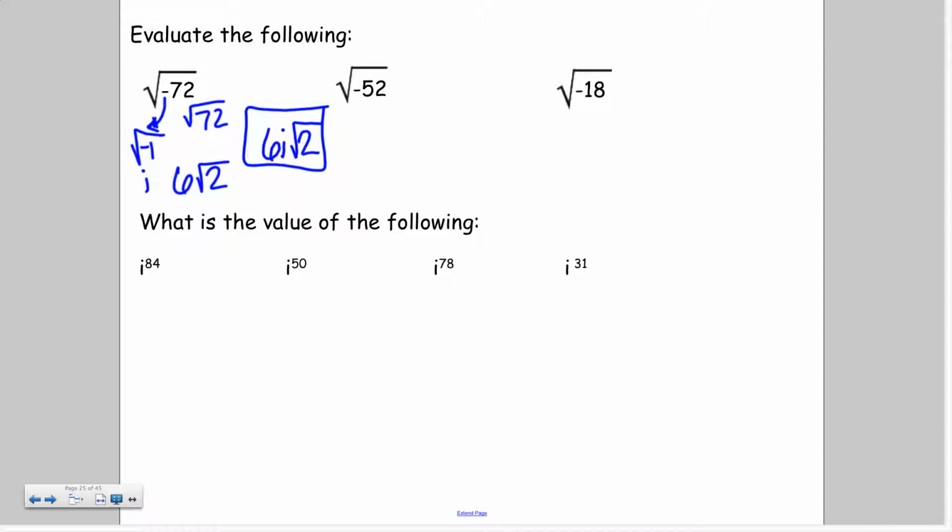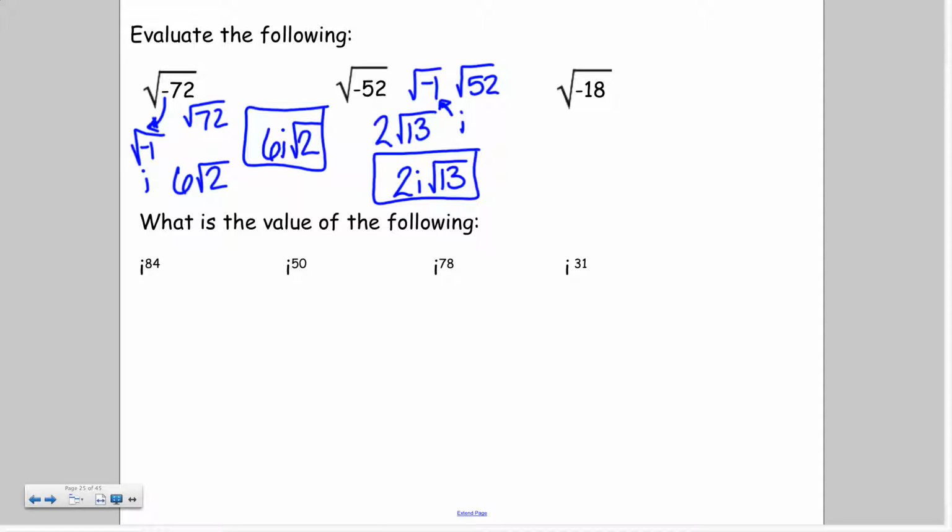I'm good with that. So we have negative 1, we have square root of 52. So when you put the square root of 52 in the calculator, you're going to get 2 square root of 13. And then, of course, this is your i. We need to make sure we write it right. So 2i square root of 13. All right.